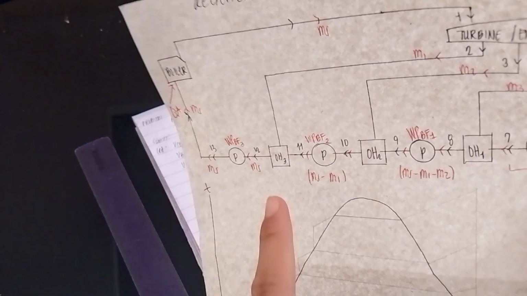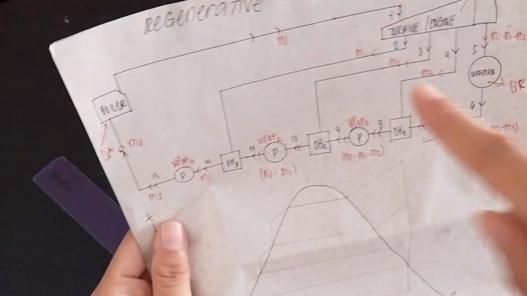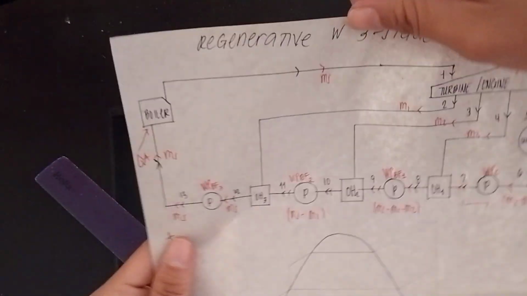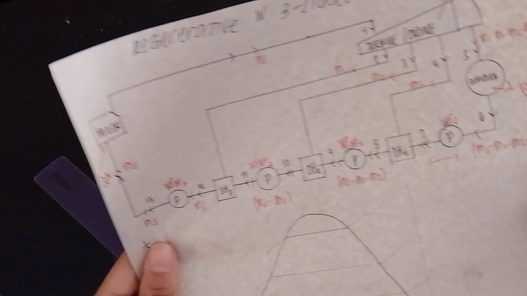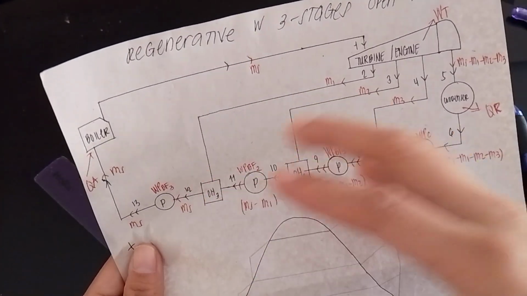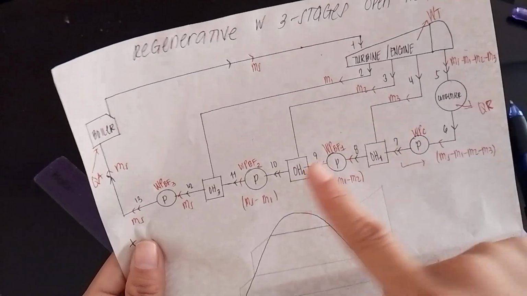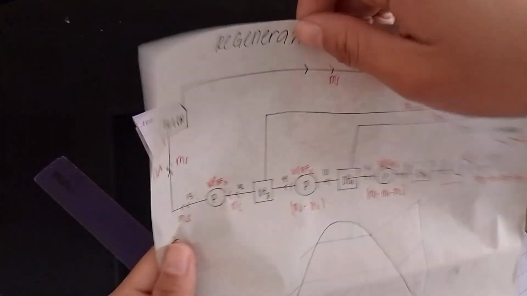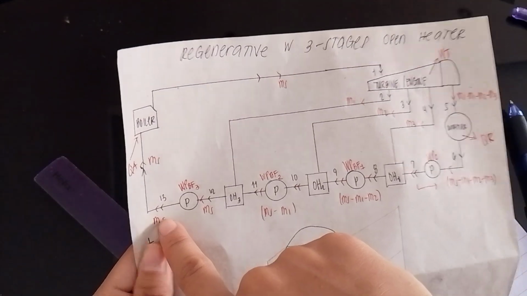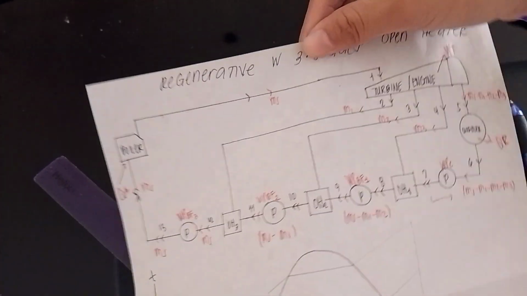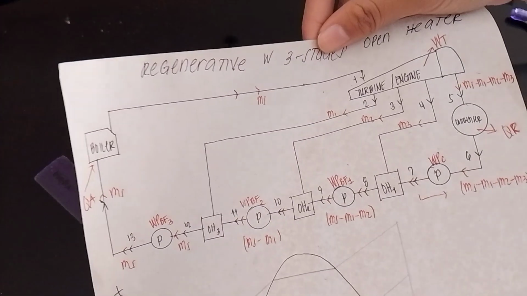Dayon, pag abot na to sa open heater 3, naa tay mass nga M1, padulong sa open heater 3, then naa sad tay mass diri. Magkasugat sila, ma-add nimo sila, mag-mix ilang mass. So, ang mabilin na lang kay si MS. So, makita diri sa state 12 ug state 13, si MS na lang. So, mao na ang atong masses.